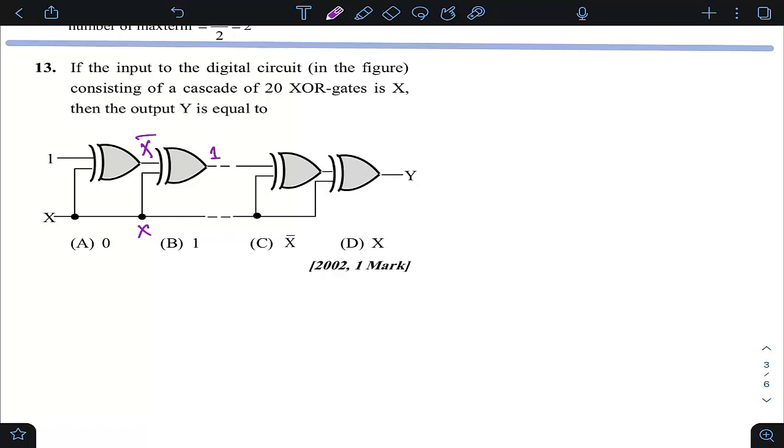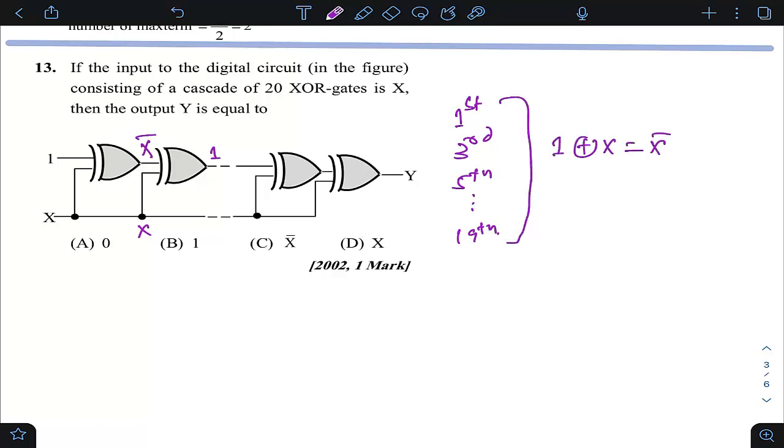Now, for the third gate, the inputs will again be 1 and X, because you got this output as 1 and the other is X. So 1 XOR X will be X bar. For the fourth gate, the inputs are X and X bar. So what is happening is, for the first gate, the third gate, the fifth gate, for all these odd index gates, up to the 19th gate, the inputs are 1 and X. So the output will always be X bar.